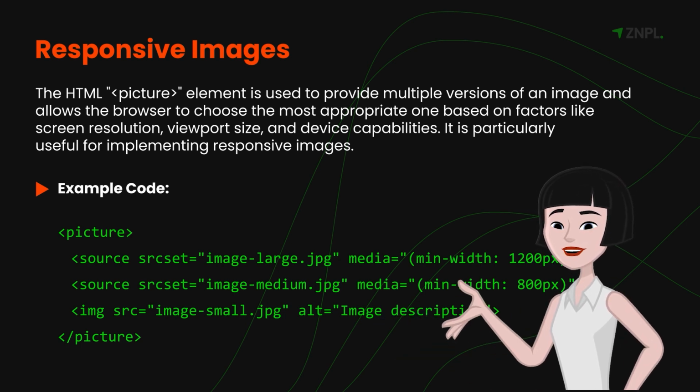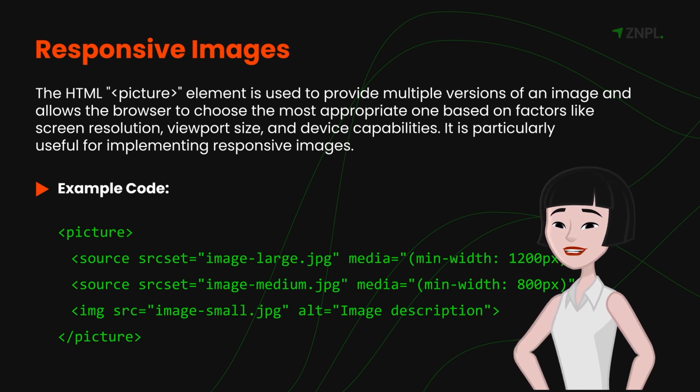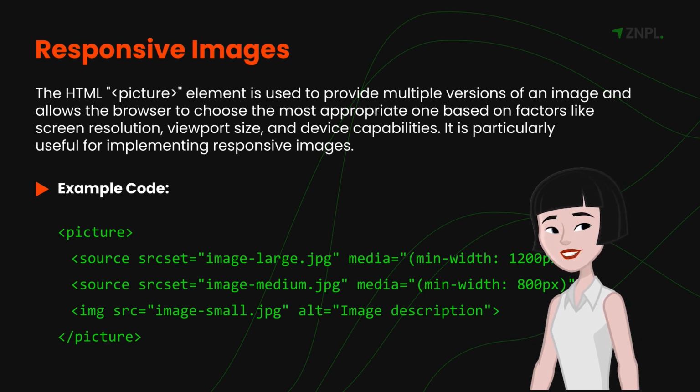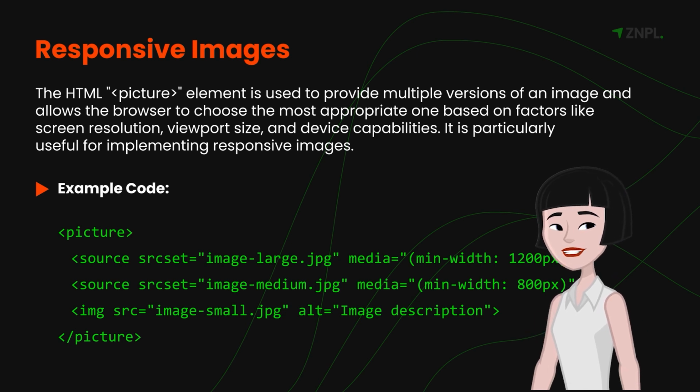In the above example, we have three versions of the same image, each targeted at different screen sizes. The source elements specify the image source using the srcset attribute, which allows you to provide a comma-separated list of image URLs along with their respective descriptors, such as sizes, resolutions, or media queries. The media attribute is used to specify the conditions under which the image should be used.